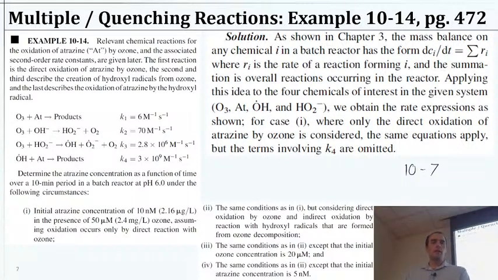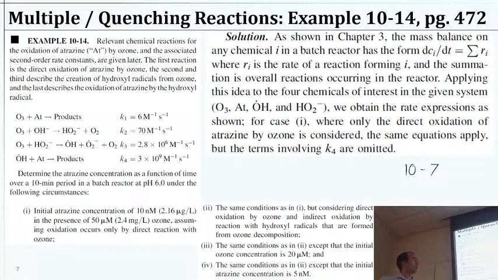The second and third describe the creation of hydroxyl radicals from ozone. And the last describes the oxidation of atrazine by the hydroxyl radical. So we have ozone destroying atrazine, some reactions forming hydroxyl radicals, and then hydroxyl radicals also destroying atrazine. Okay, so we have a lot going on, 4 reactions.